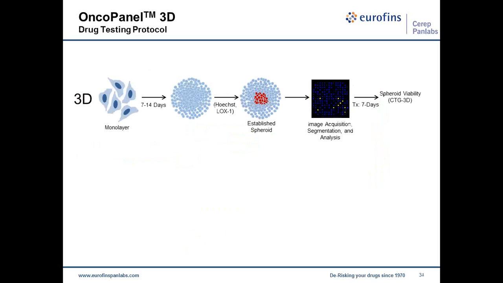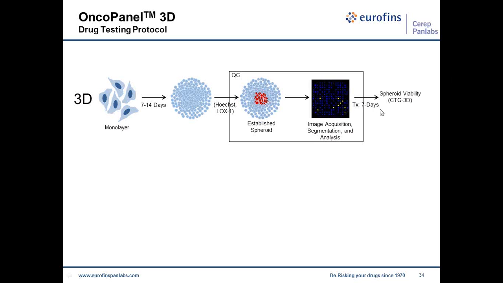So in terms of what we offer in a 3D testing protocol, one of the offerings that we think is actually going to be most useful is a comparison of 3D drug response to 2D drug response. I've outlined our procedure to test drugs in our 3D model. At the time of drug addition, we perform this quality control step to really ensure that the majority of the cells are in spheroids at the time of drug testing.